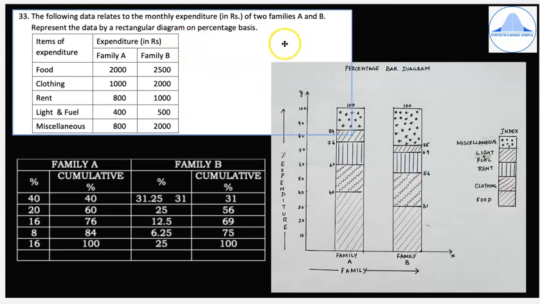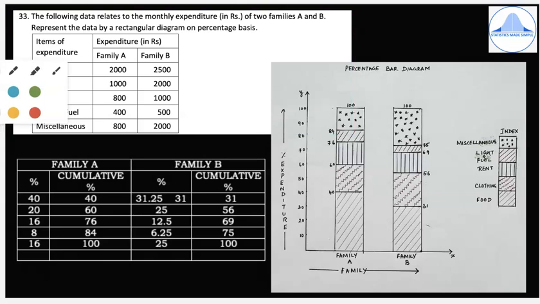33rd question. The following data relates to the monthly expenditure in rupees of two families A and B. Represent the data by a rectangular diagram on percentage basis. So in other words, we have to draw a percentage bar diagram. So the items of expenditure are food, clothing, rent, light and fuel, miscellaneous.